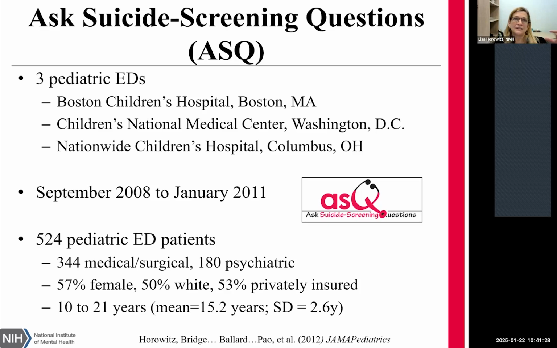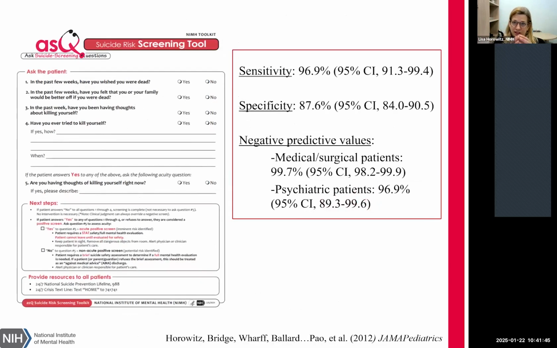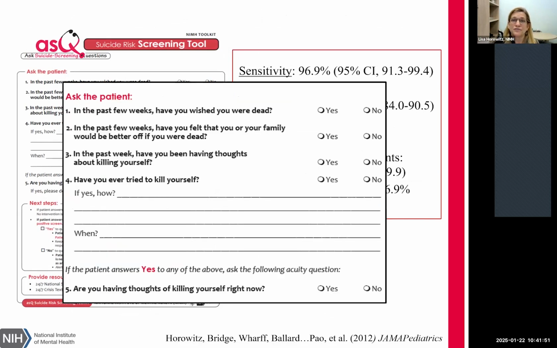And we're pretty proud that most tools in the world go from the adult world to the kid world. The ASQ actually went from the pediatric world to the adult. It's also been tested in adults. So it's one tool for all ages. The sensitivity and specificity, or true positive and true negative rate, limits your false positives and your false negatives. And so they're very strong.